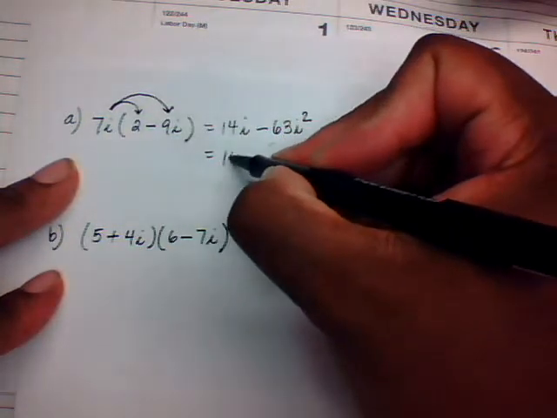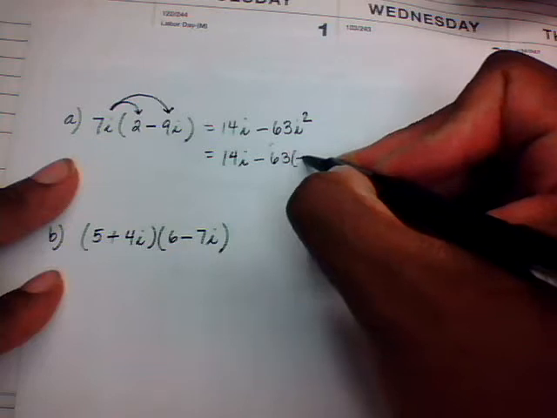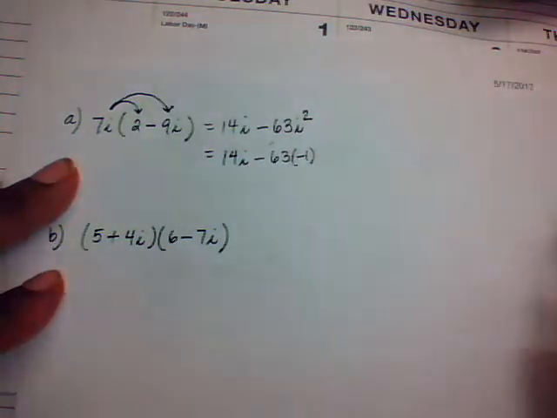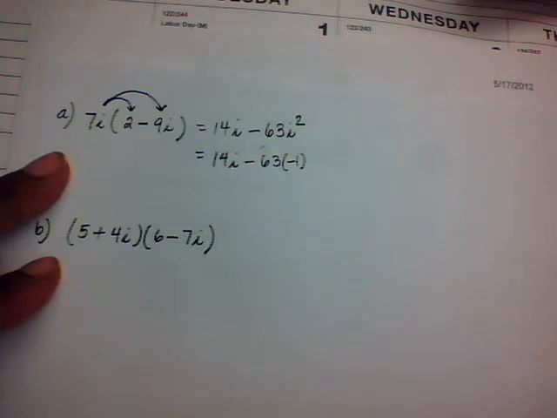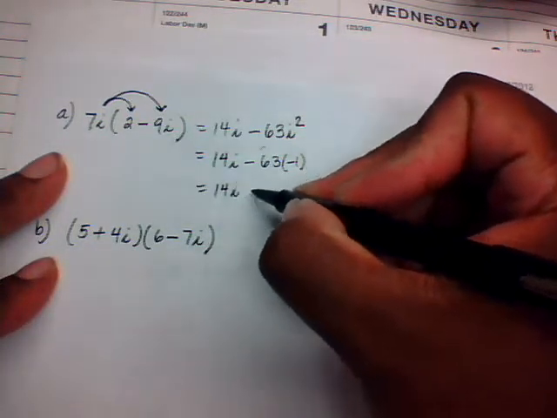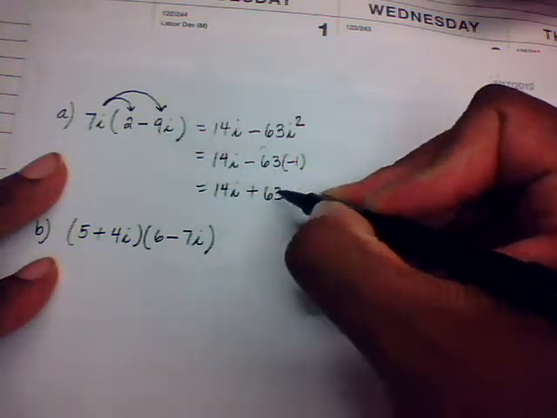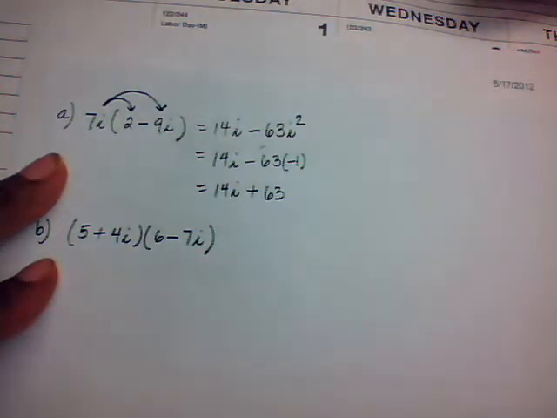So here's what I'm going to do. I'm going to rewrite this as 14i minus 63 times negative 1. Okay, because i squared is negative 1, so you're going to replace that i squared with the negative 1. And then simplify. This will be 14i plus 63. That's minus 63 times that negative 1 will make that a plus 63.